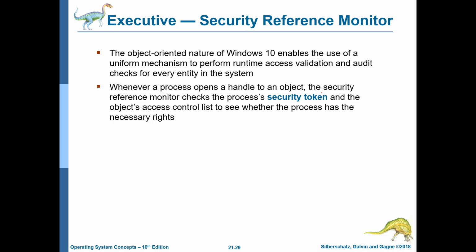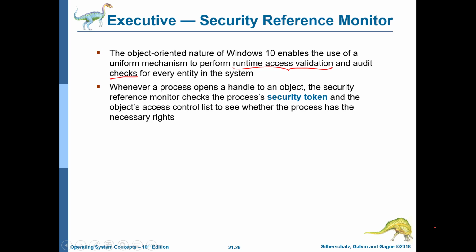Windows has a very elaborate security reference monitor. So it has a uniform mechanism which is standardized across a variety of interfaces for runtime access validation, in the sense that when a program is running, it would like to see if it has the permissions to access a certain resource or not, and also to perform audit checks to see if any permissions have been violated. So for this, there is a standardized mechanism.